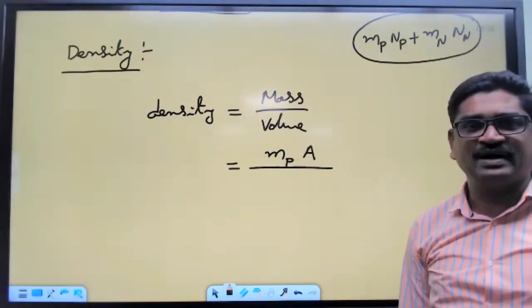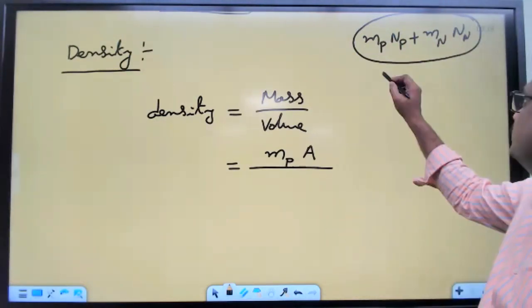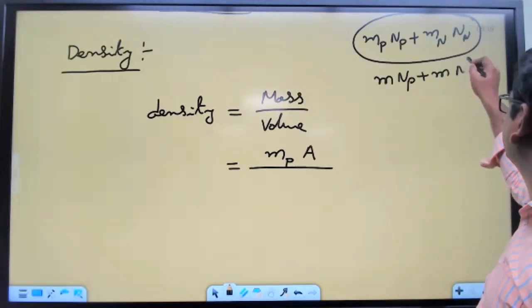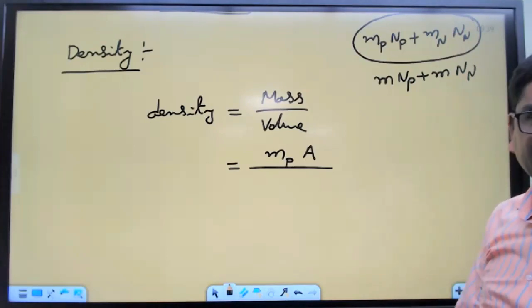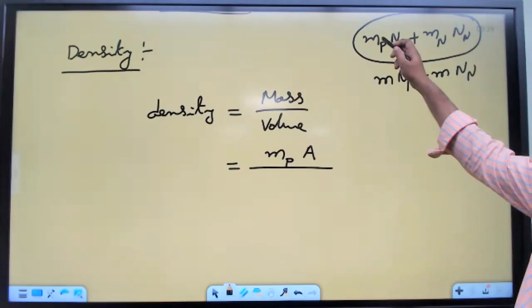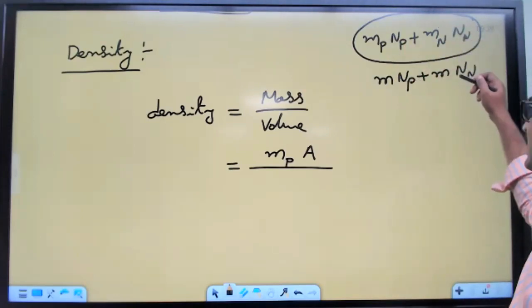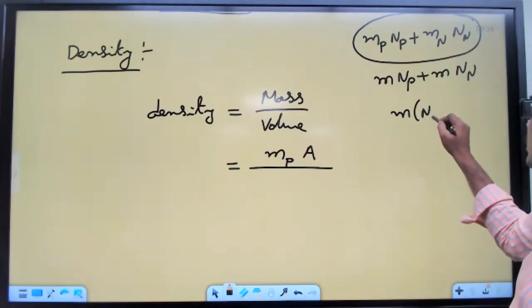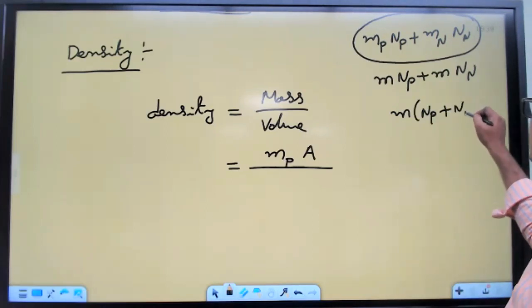Now if the proton mass and neutron mass are the same, then m into np plus m into nn. Can I take the mass of the proton as m, and the mass of the neutron also as m? Now take m as common: m into the number of protons plus the number of neutrons.